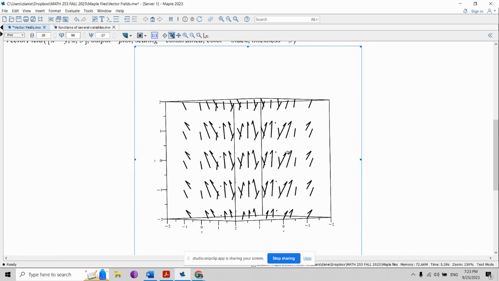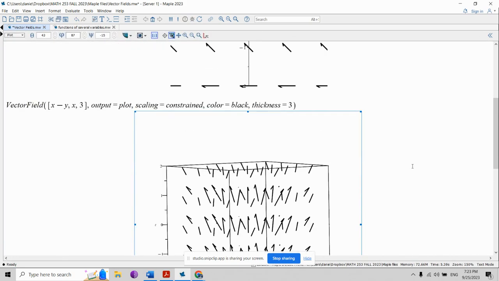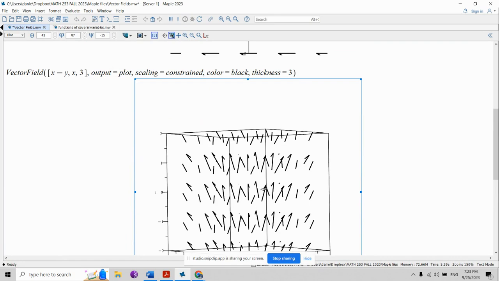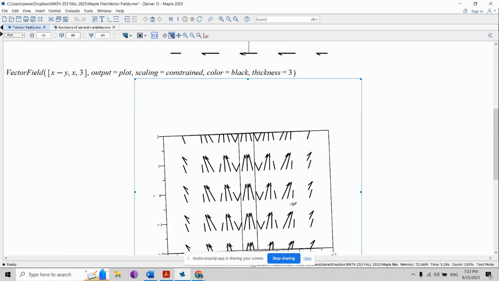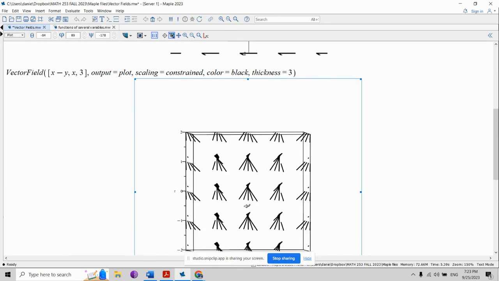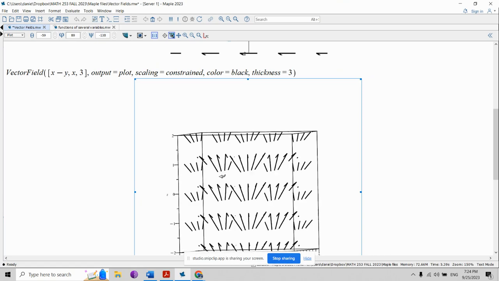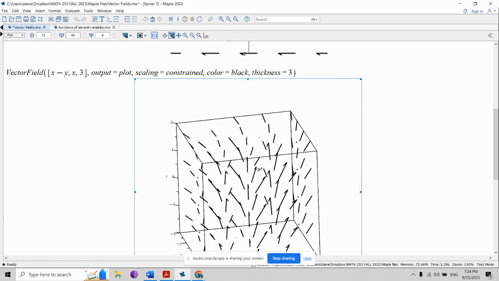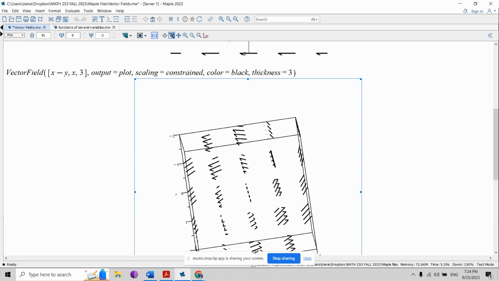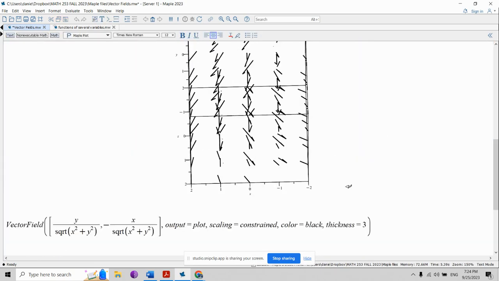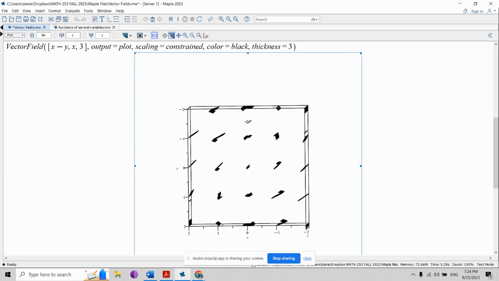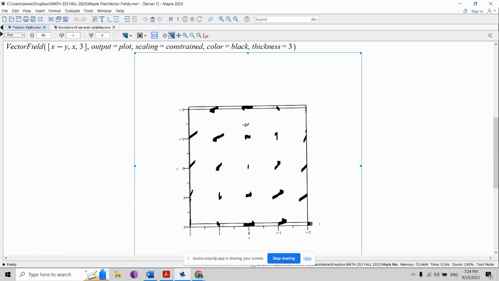As you can see here, the arrows change with x and y, right? The magnitude changes. The only thing that is common is the z component. So all of these vectors, if you measure the height, let's say, that's always going to be 3. If you look at it from above, that is to say, if I hide the effect of the z coordinate, obviously the vectors change with x and y.